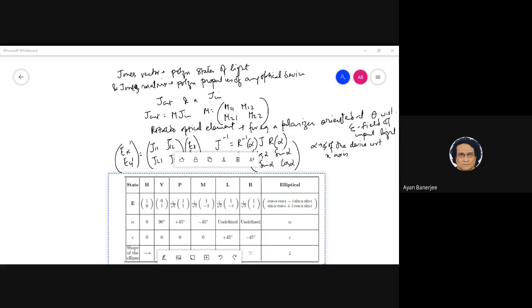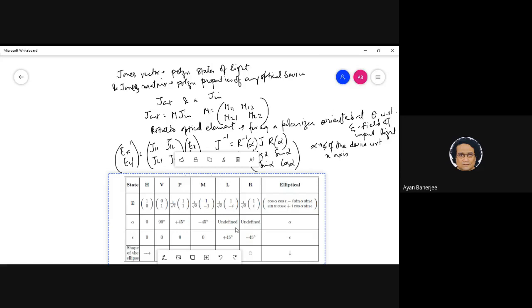So in order to get it to one, I put a normalization of 1 by root 2. This 1 by root 2 comes because I want to get the normalized intensity to 1.